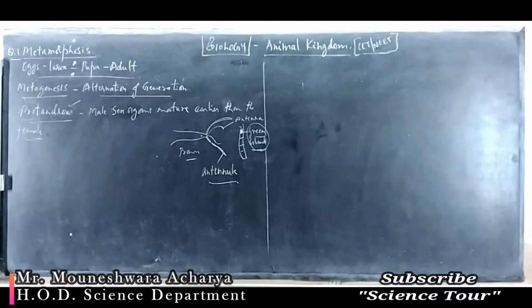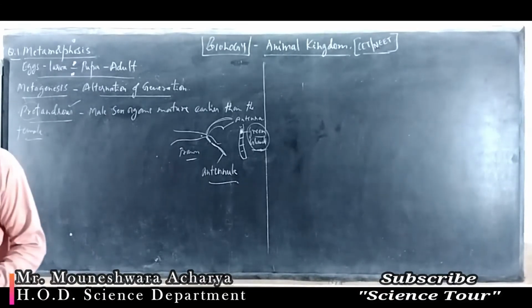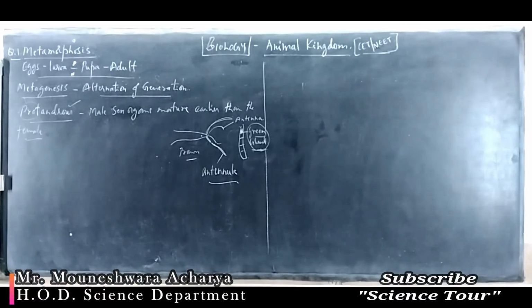Instead, the mesoderm is present as scattered pouches in between the ectoderm and the endoderm. Such a body cavity is called pseudocoelom, and the animals possessing it are called pseudocoelomates. It is there on page number 48.